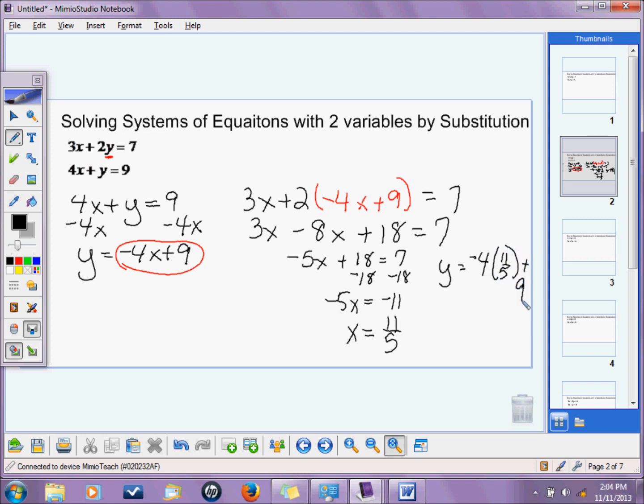Okay, then we have negative 44 fifths plus 9. So y equals, what is it? 1/5? Does that make sense? 9 times 5 would be 45 fifths. That makes a lot of sense.